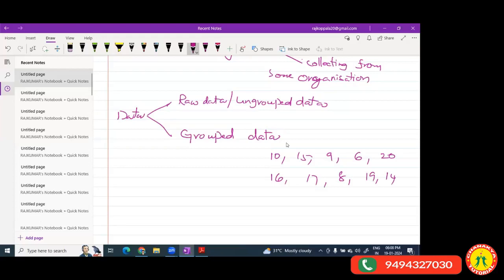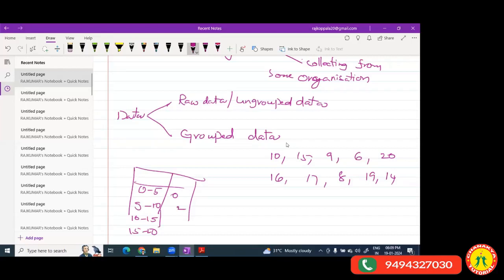We are not arranging it in any tabular form. If you arrange it in tabular form, that means groups. For example, 0 to 5, how many are getting, 5 to 10, how many, 10 to 15, how many, 15 to 20. 0 to 5, how many got? Nobody. 5 to 10, how many got it? 1, 2 members. 10 to 15, you should give the response.